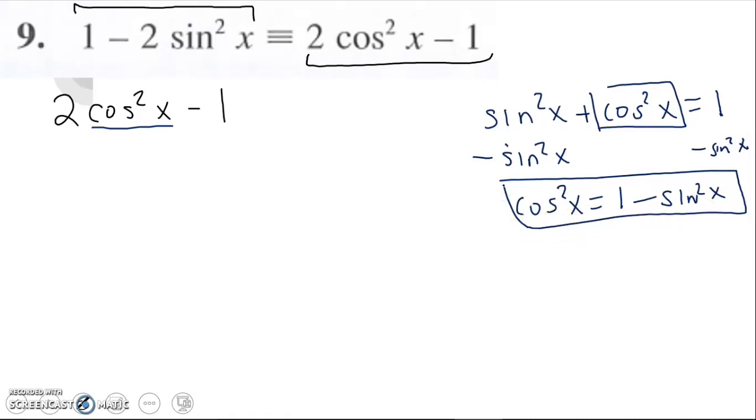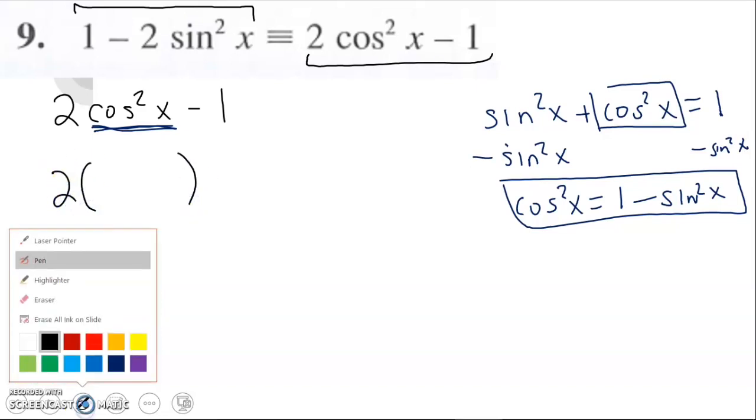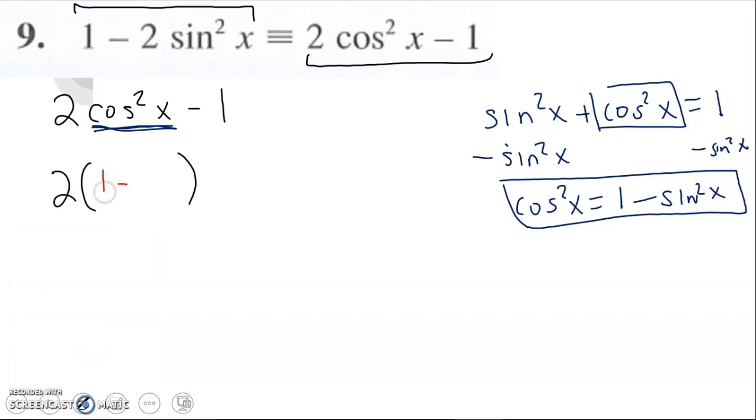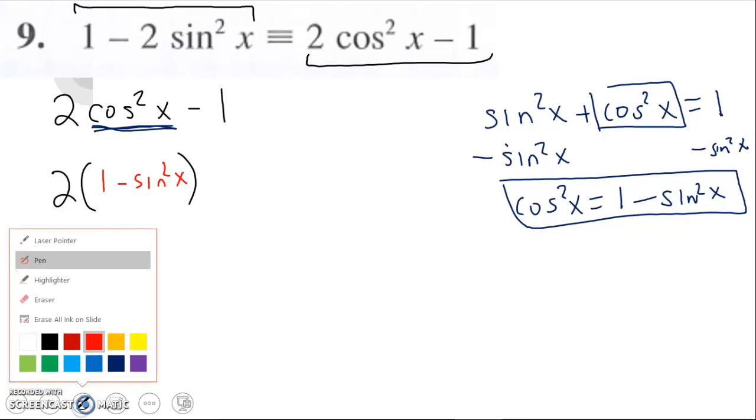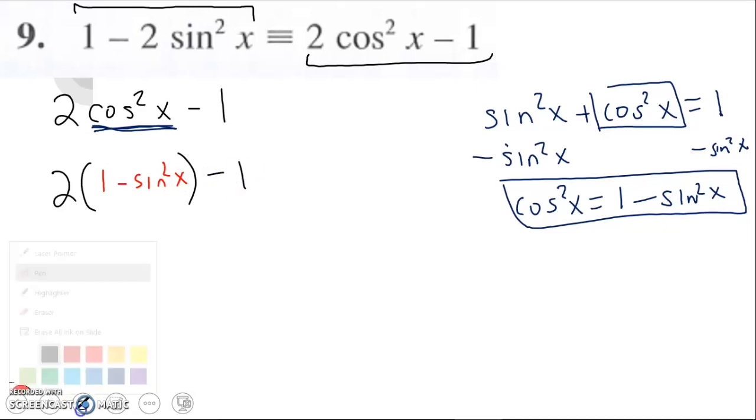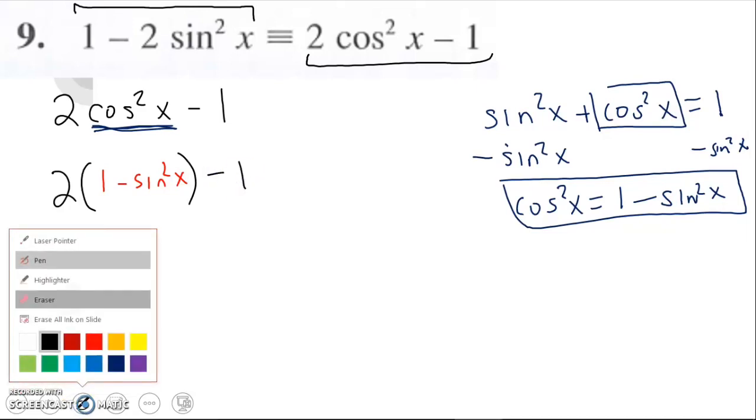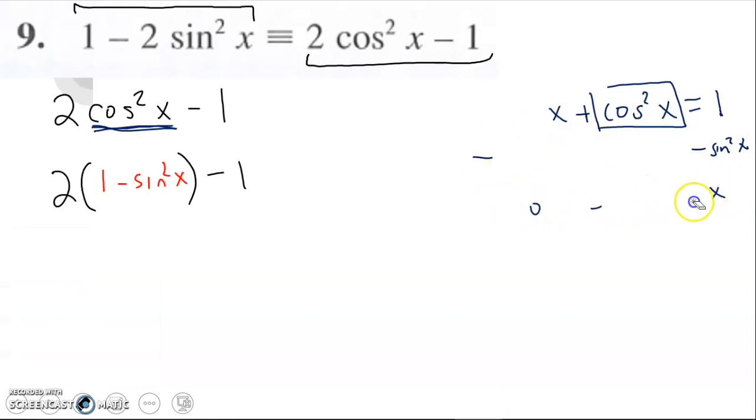So what I can do here is replace cos squared x with 1 minus sine squared x. So I have 2, and I'm going to replace this with 1 minus sine squared x. And then I'll start simplifying from here.